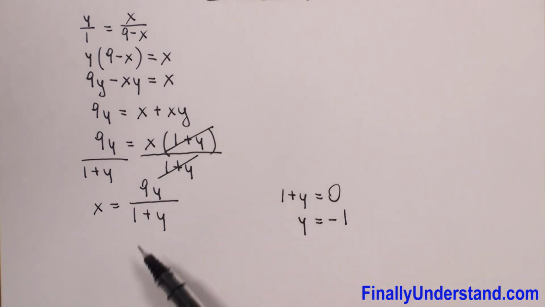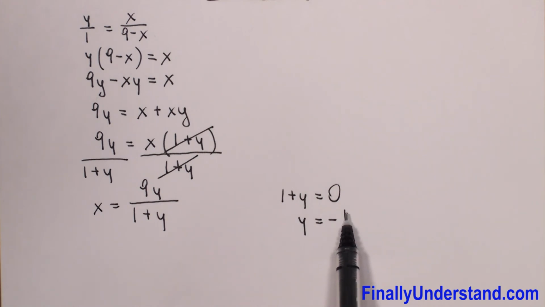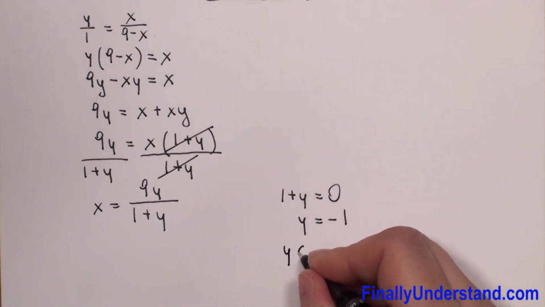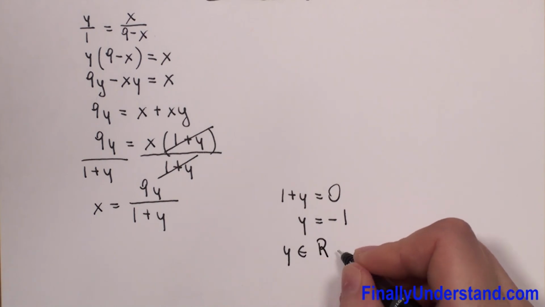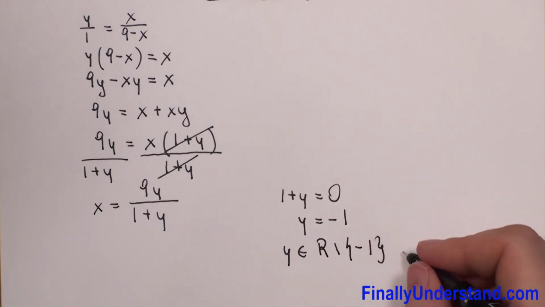So our range for this function will be all real numbers excluding negative 1, because for this negative 1 the denominator will be 0. So y is all real numbers excluding negative 1. This is our range.